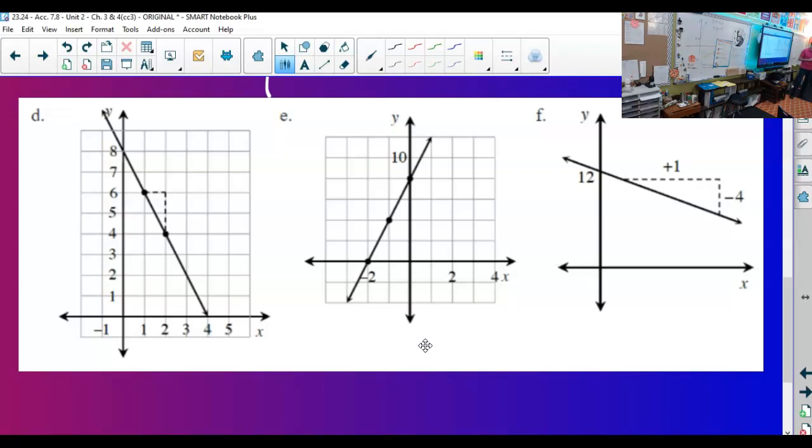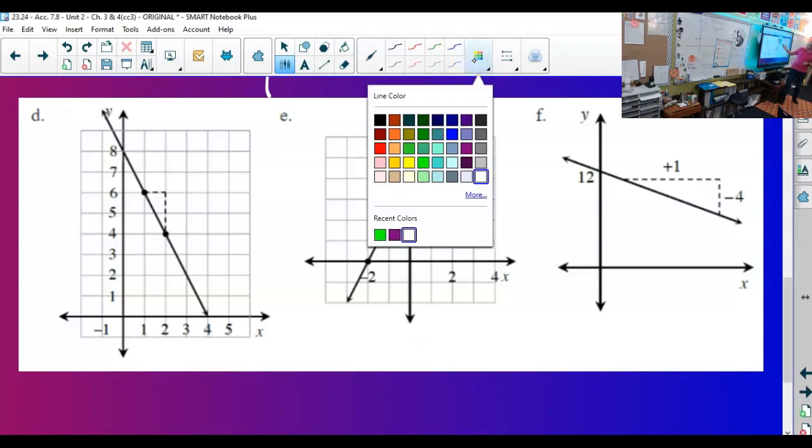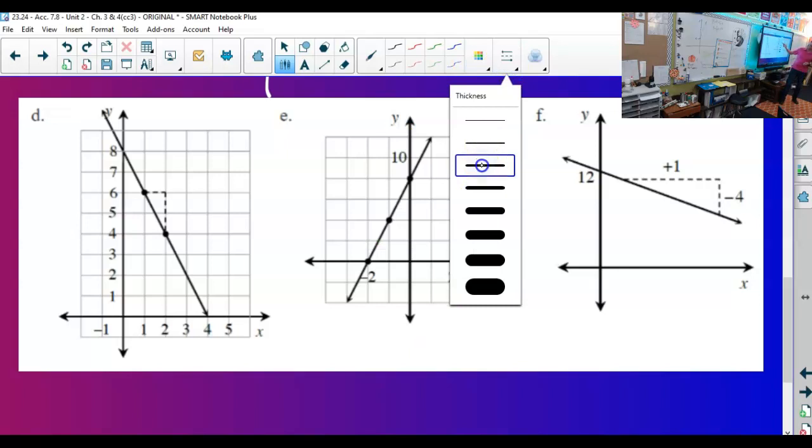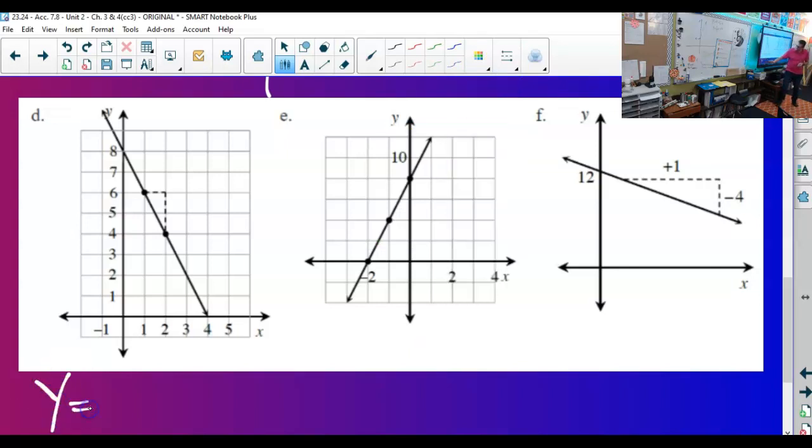Speaking of judging yourself, Beatrix, or D, what would the equation of our line be here? Y equals what?